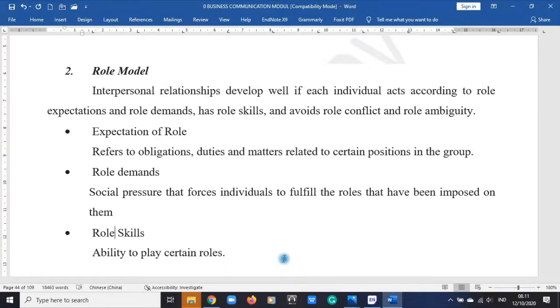He will react differently when he's on business. Let's say one teacher has a kid in the same school as him. At school, that teacher will act like a teacher.